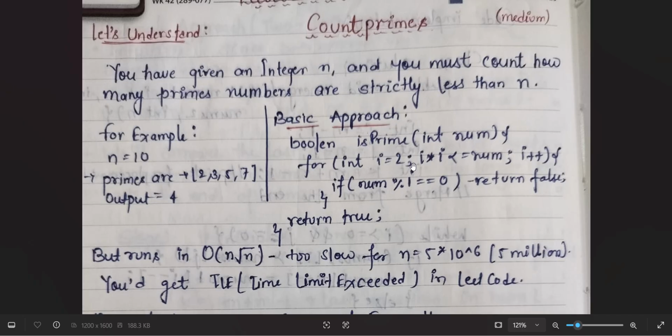Here we check whether number modulo i equals 0, meaning the number is divisible by some other number. If this condition is true, we return false, meaning the number is not prime. If the number does not satisfy this condition, we return true, meaning it is a prime number.